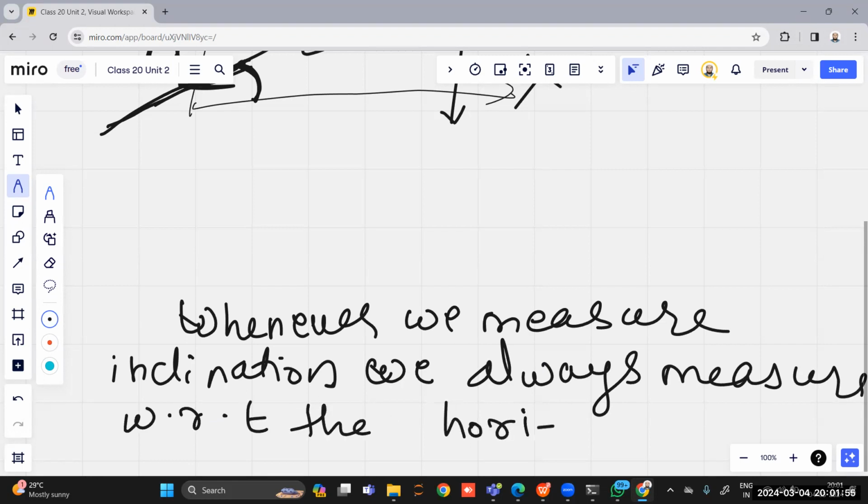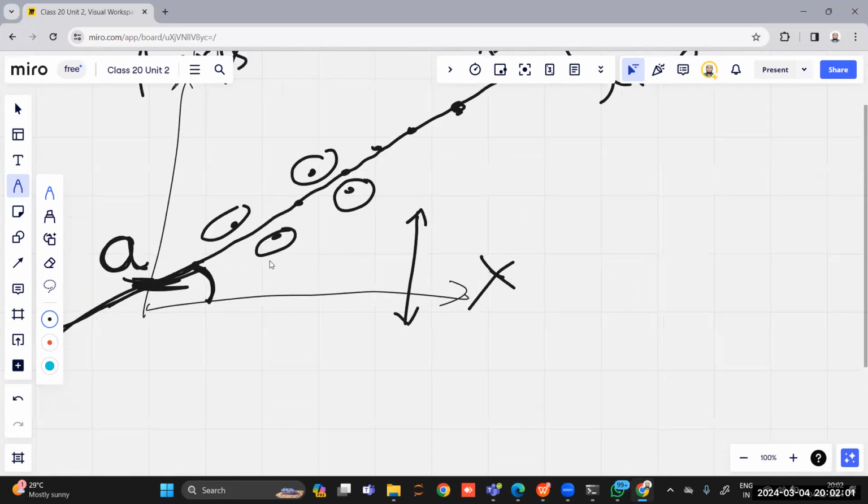This inclination that the line makes with the x-axis, we name it as b.